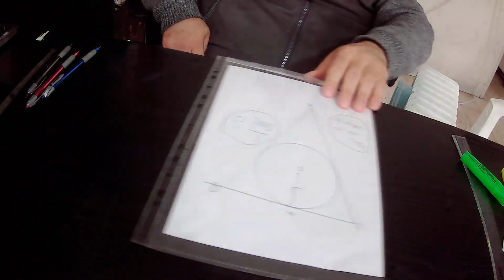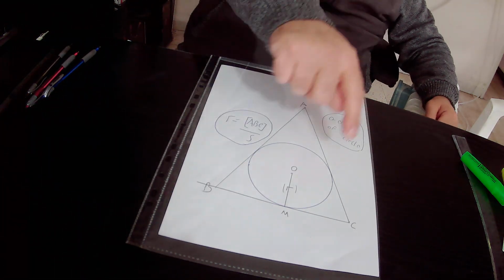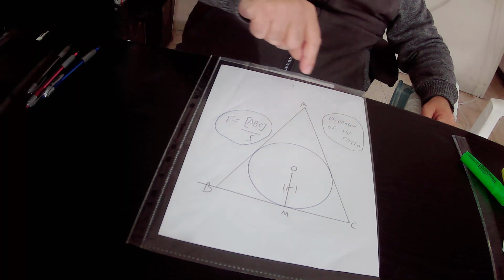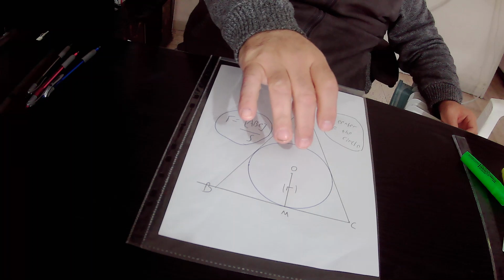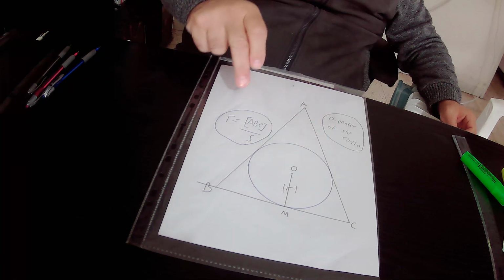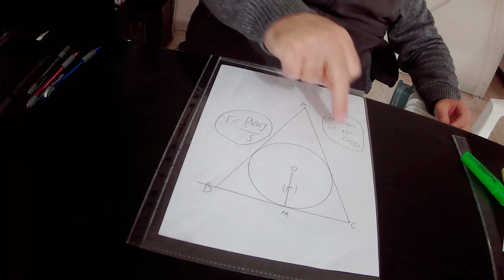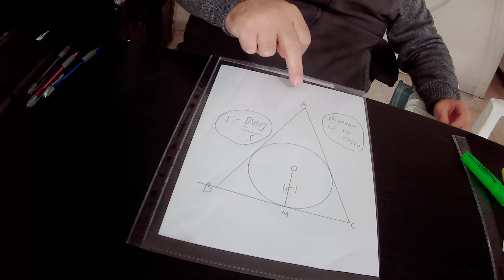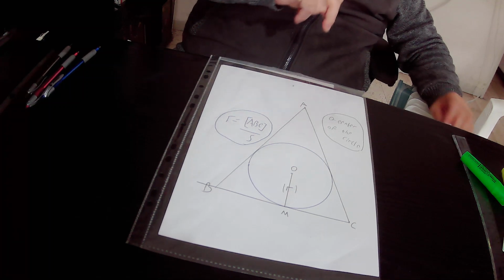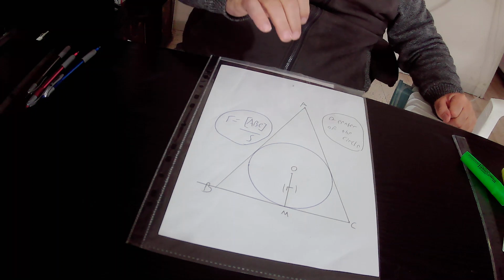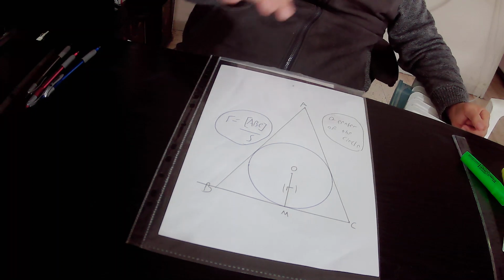So here we have a circle. This circle is described by this triangle ABC. So the radius R of this circle equals the area of triangle ABC that blocks the circle over the semi-perimeter of the same triangle ABC. The semi-perimeter of any triangle is the perimeter over 2.